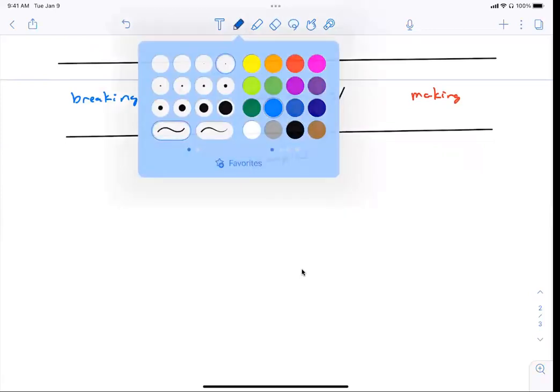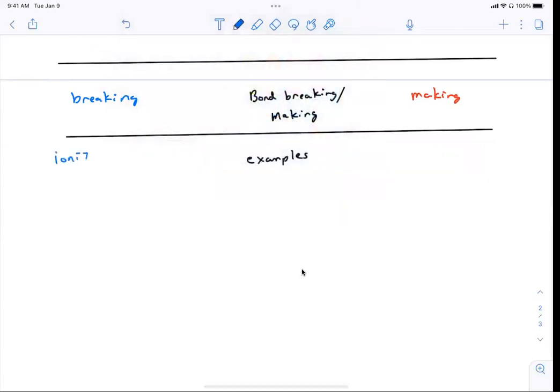For example, ionization energy, okay? When you have a species in its gaseous form and you make it lose an electron, and this is first ionization energy, by the way, just this symbol here. To make an atom lose an electron, you have to make it absorb energy to release that electron. So one example of an endothermic process is ionization energy, okay?